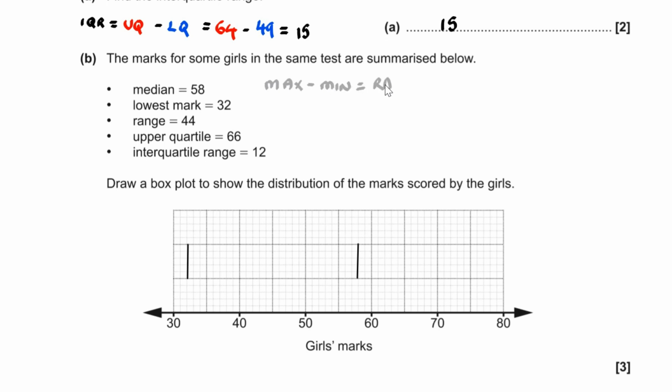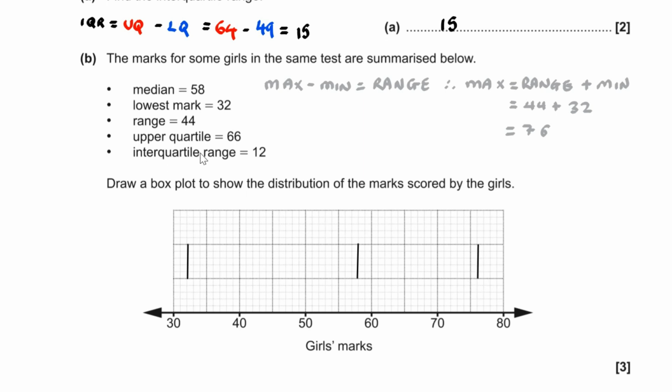Therefore the maximum equals the range plus the minimum, which is 44 plus the lowest mark, 32. So here we get 76. So therefore the maximum value is 76, which is over here.